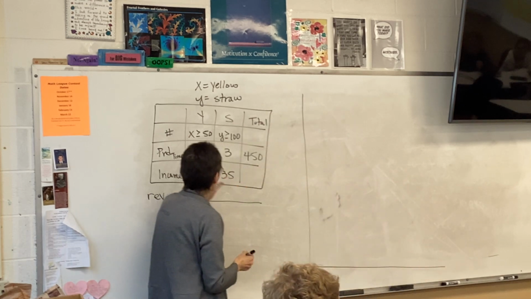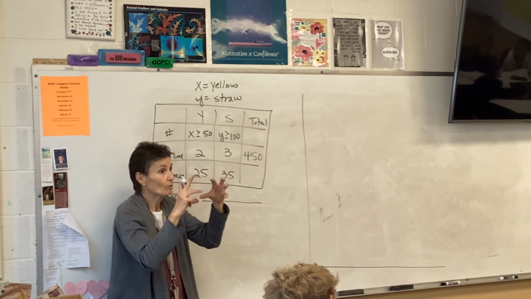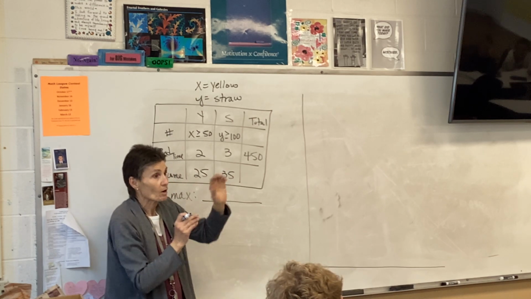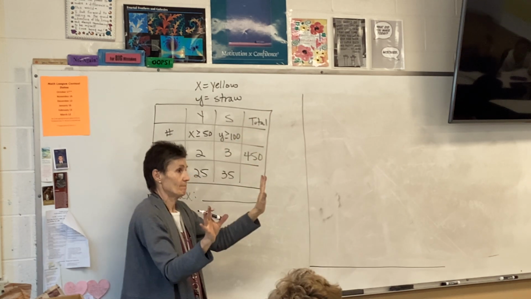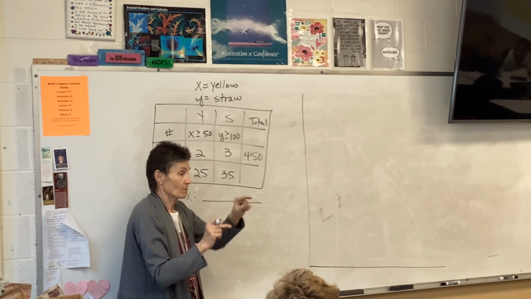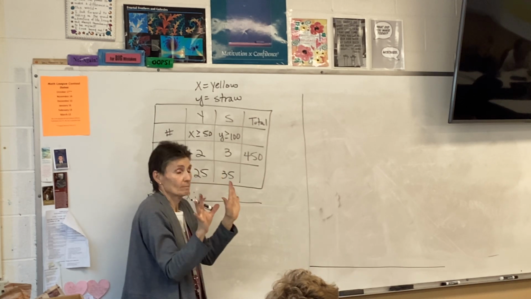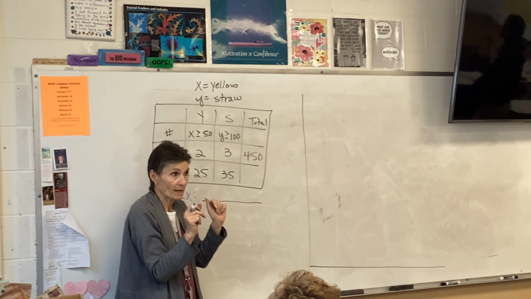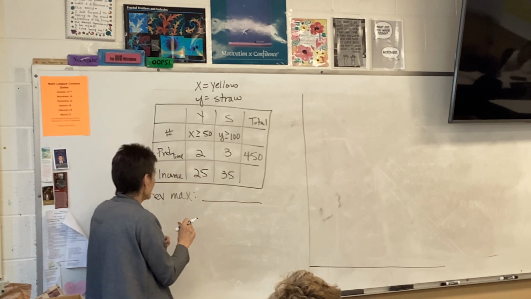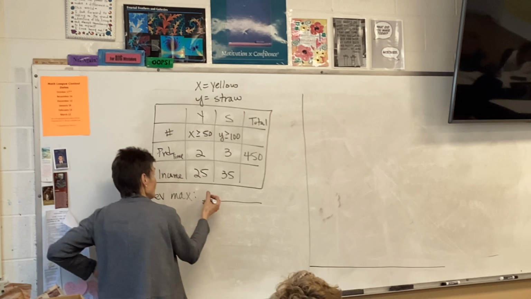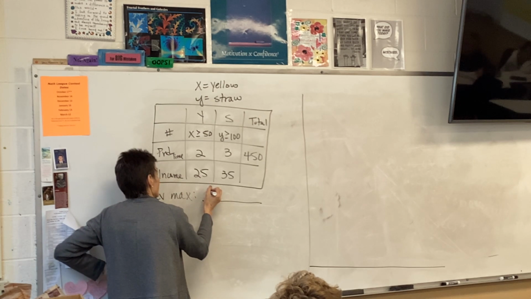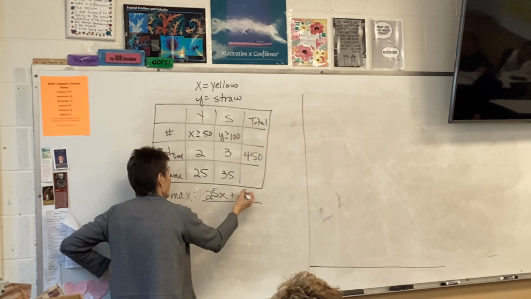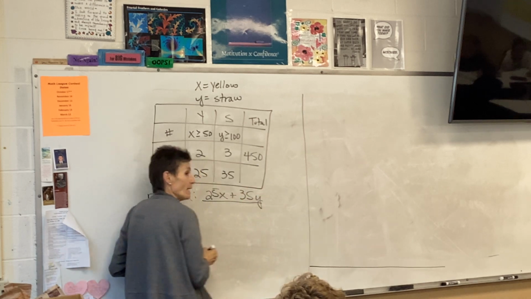Remember, kids, the chart is used to categorize all the numbers. If there are empty spots, so be it. Every number goes in the chart. After that, okay. Is every number in the chart? Yeah, so I'm ready to go. All right, how do I find my max revenue? 25x plus 35y.